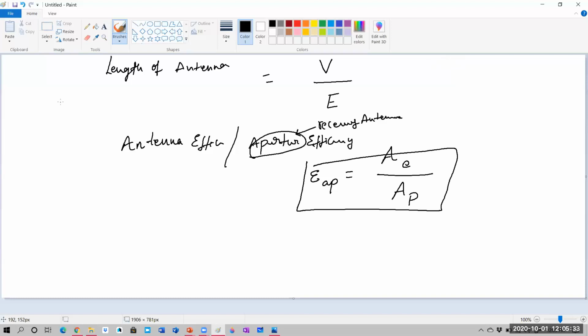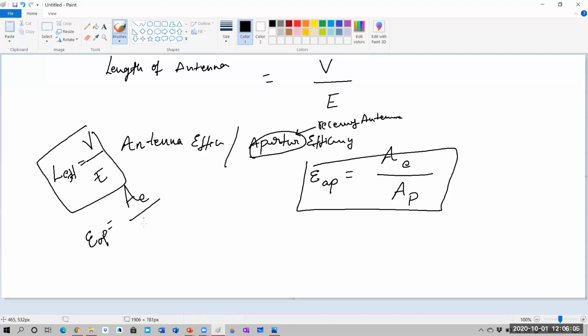Effective length of the antenna is denoted by L effective equal to V by E. As per the technical specification, you can write like this: L effective equal to V by E. And aperture efficiency epsilon AP equals A suffix E, the effective aperture, by the available physical aperture.